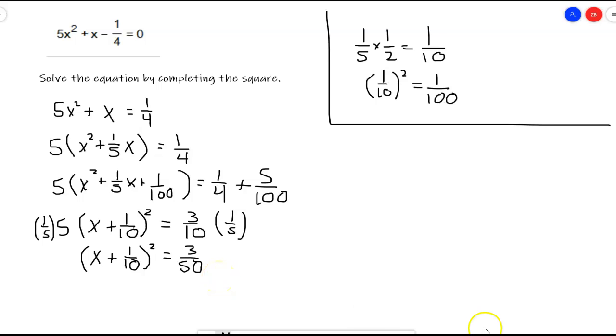So the next thing I want to do is, now that I have a term squared by itself on one side of the equation, I can take the square root of both sides. So this is going to be x plus 1 over 10. So I took the square root of it, is equal to, and remember we have to do the plus or the minus because we're taking the square root of both sides.